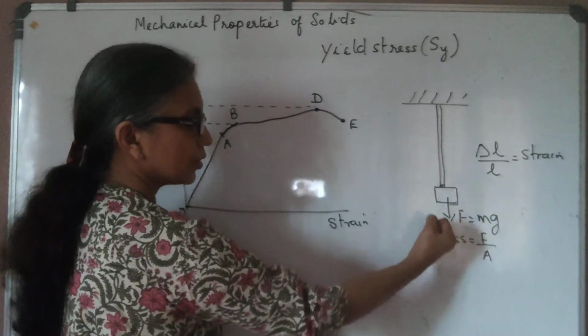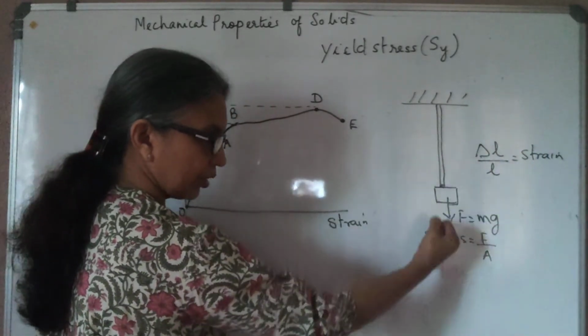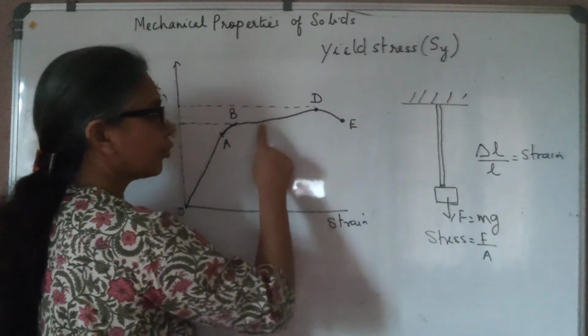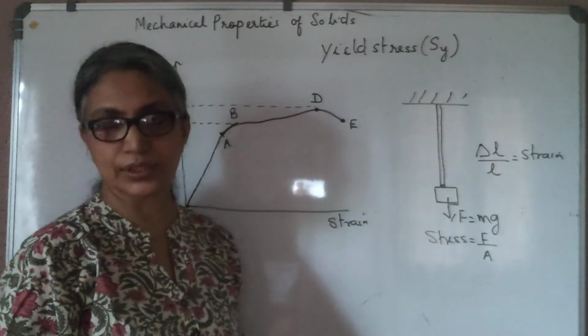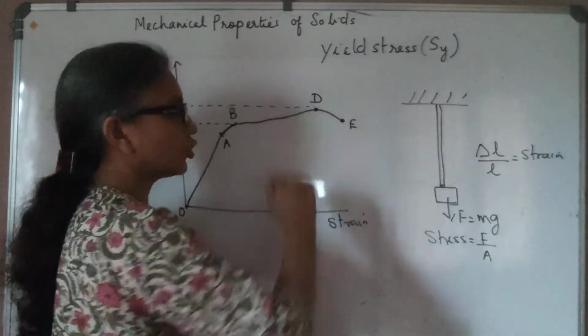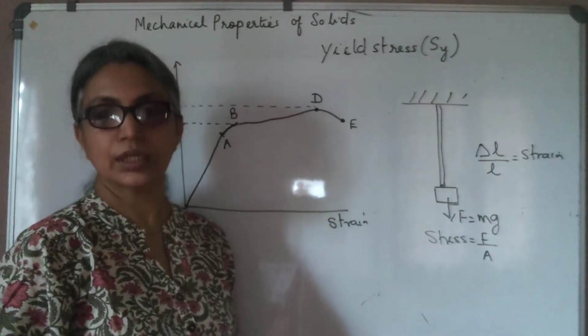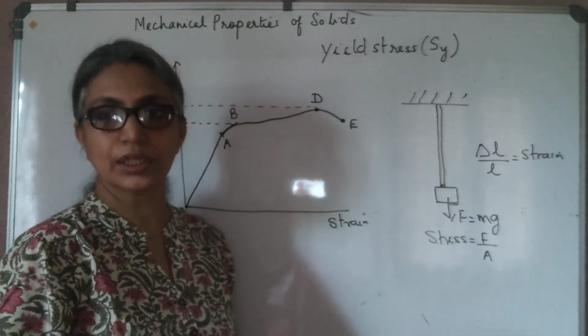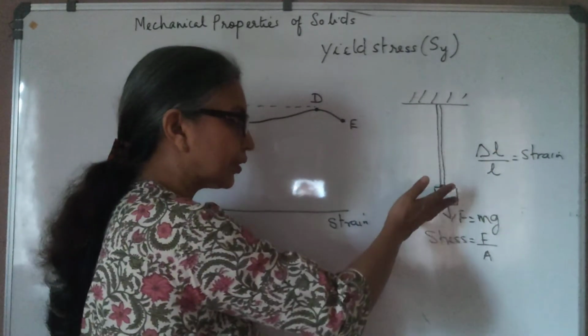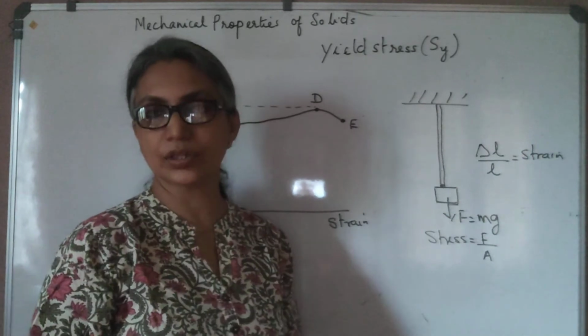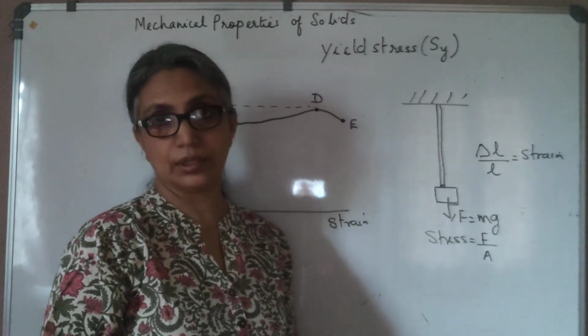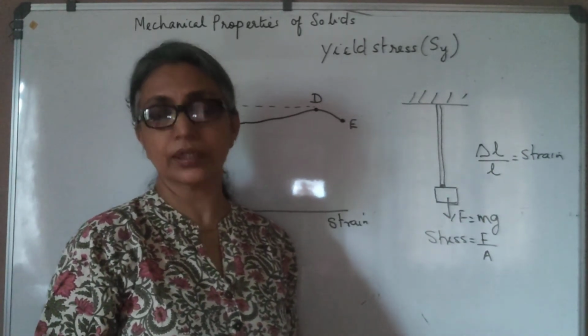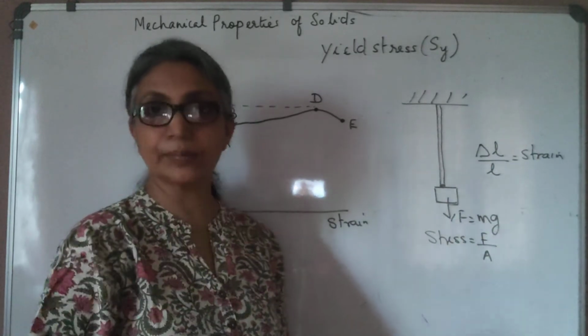So the body is now increasing its length even for very small increases in stress, and then the body is said to be in the plastic region. If it is in the plastic region, you can unload it completely, but still the body does not come back to its original length.